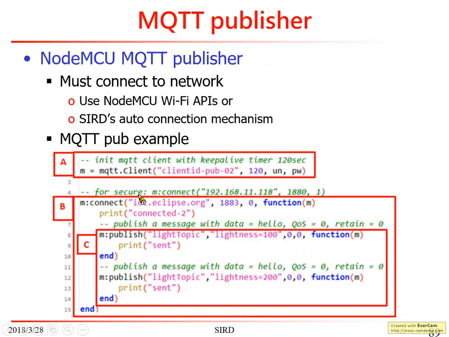So maybe this is the way to do it. First, you have to connect to the internet, right? You either use the Wi-Fi API, or you can use the auto connection mechanism we have. So I brought auto connection. This is a patent. We have filed this patent all over the world.